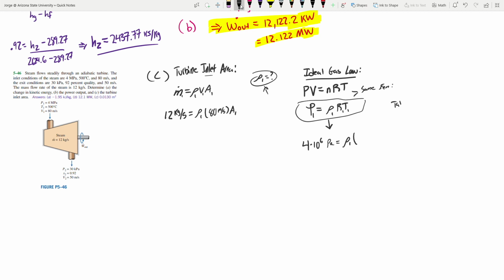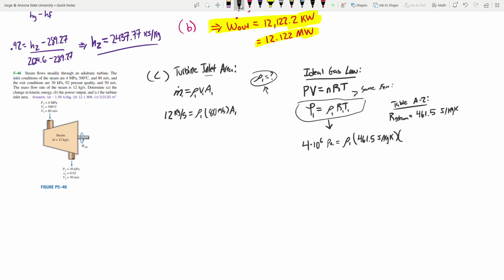So if you go to table A2 in your book, you can get that the constant for steam at 4 MPa and 500 degrees Celsius is 461.5 joules per kilogram Kelvin.